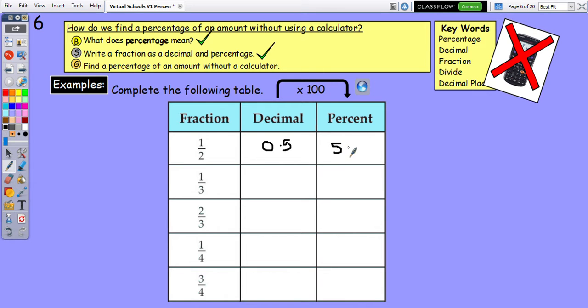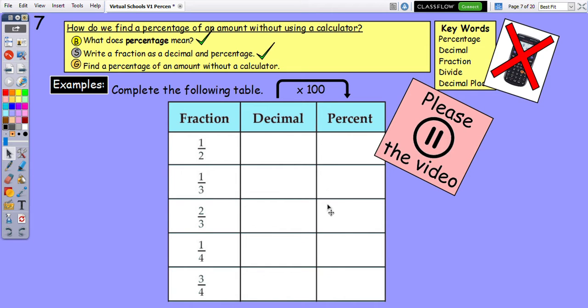So a half is 0.5 as a decimal and 50% as a percentage. I'd like you to pause the video and have a go at answering the remaining 4 questions.